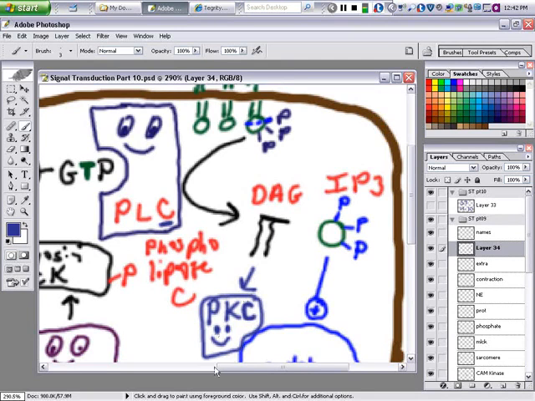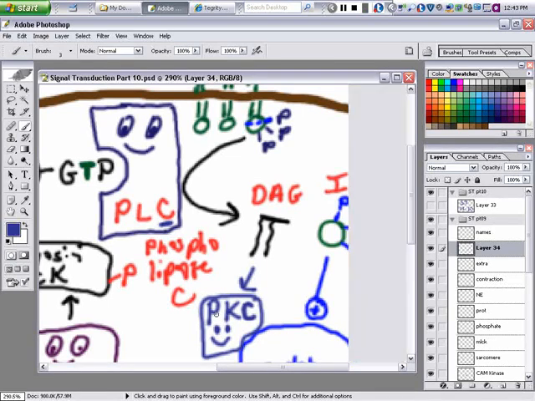The protein kinase that is activated by diacylglycerol is protein kinase C. Now you mentioned protein kinase G. In two lectures, we'll talk about protein kinase G and its involvement in the signal transduction pathway leading to penile erection, because that's an important one in biochemistry, since a lot of drugs are made there. We'll talk about that later.